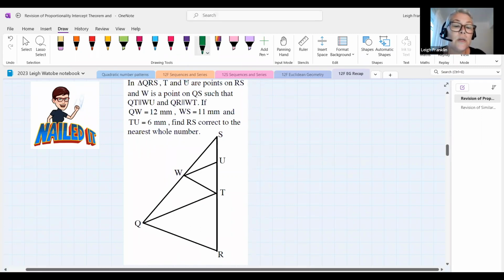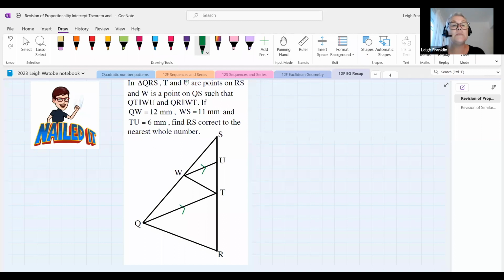And QR is parallel to WT. The reason that they have done that is because they're trying to direct you to two different triangles that you can work in.